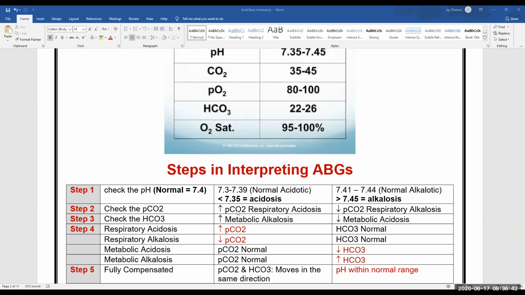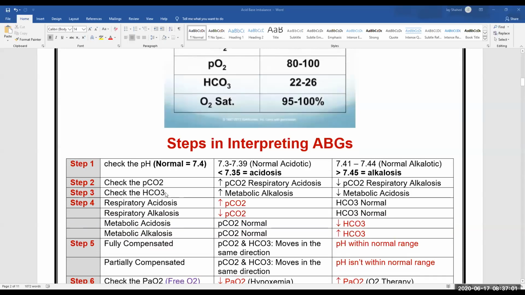Increased CO2 becomes acidic, and it's CO2, so it's respiratory. The opposite: if you have a reduction in PaCO2, then it becomes alkalosis, and because we're talking about CO2, we're dealing with respiratory again.